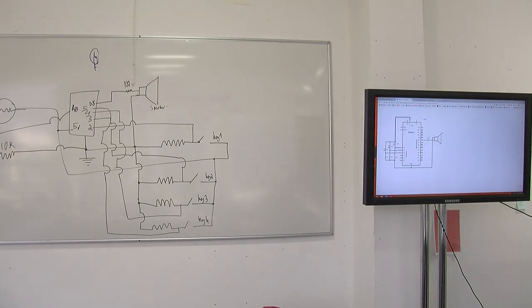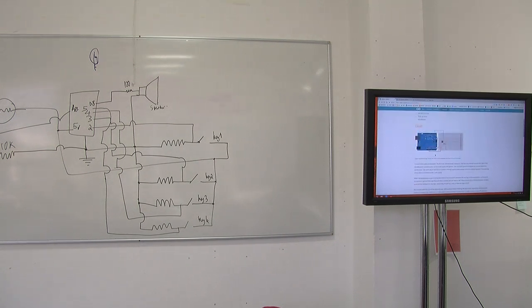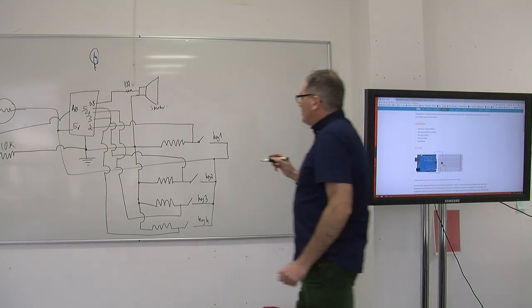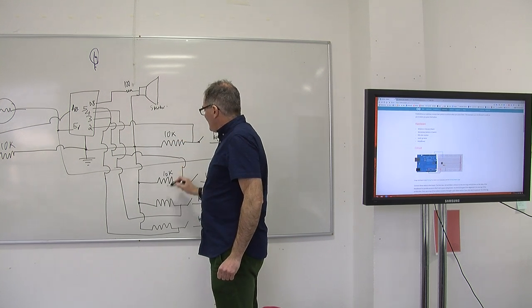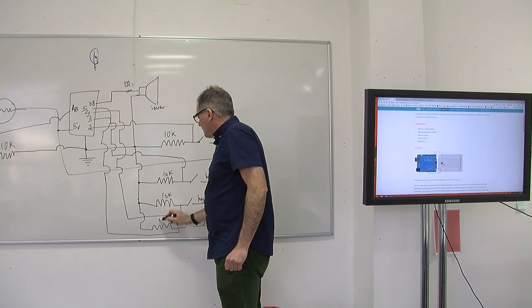And the button, it doesn't say, but you can guess it from the list. It's 10K ohm. So 10K, 10K, 10K.